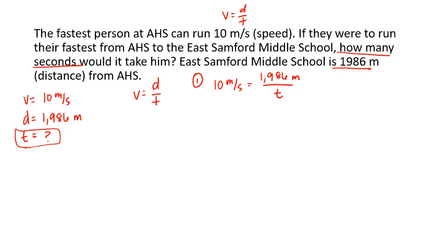Now, anytime you have a variable where you're solving in the denominator like this, and you have an equation with just 3 variables like this, you can just simply swap these two out. Okay, so we can just say that time equals 1,986 meters divided by 10 meters per second.